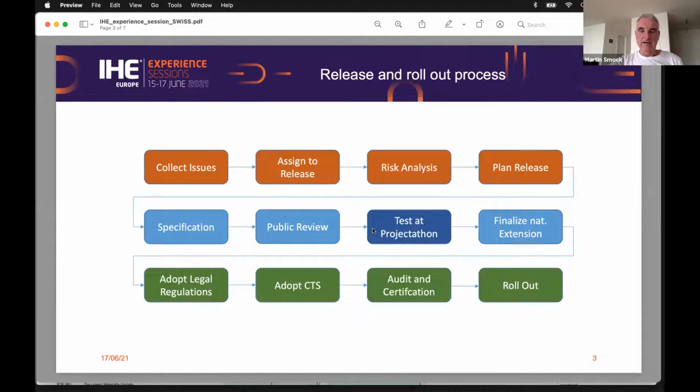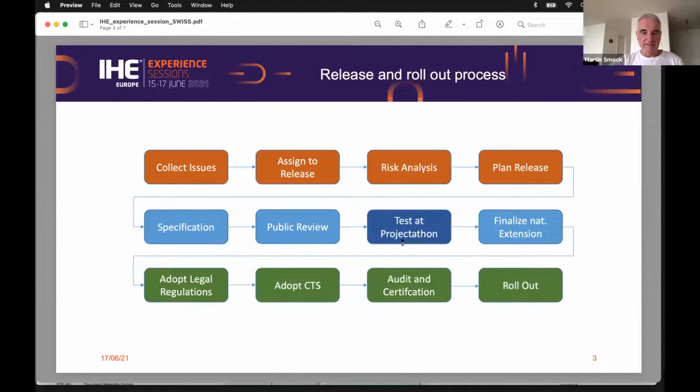We assign them to the release, do a risk analysis, plan the release, and do the specification as a national extension to IHE profiles, or write the implementation guideline in draft versions. We go to a public review phase, and the most important part for this talk is that we do at least 2 tests at the Projectathon. So it's more of an iterative process.